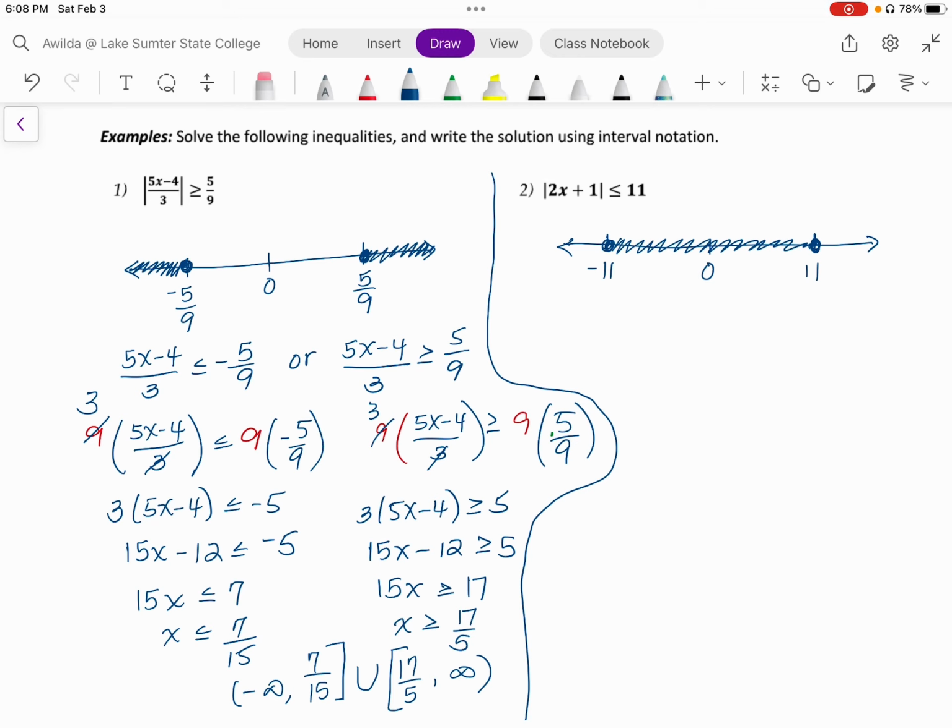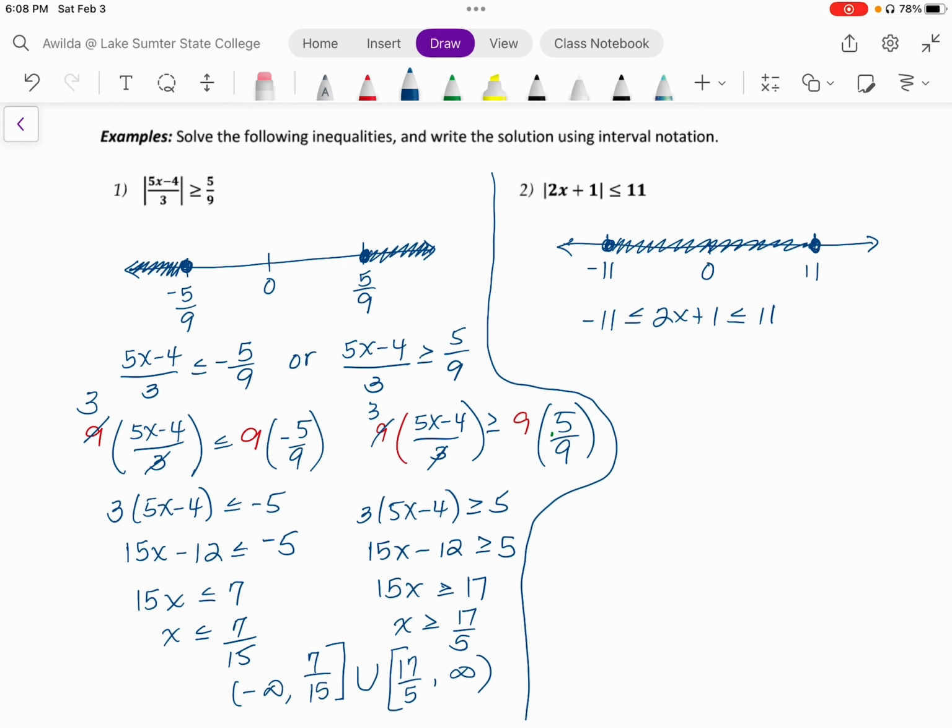So we can write this as a three-part inequality and say that the quantity 2x plus 1 is greater than or equal to negative 11 and less than or equal to positive 11. In other words, the quantity 2x plus 1 is somewhere between these two numbers or at one of the two numbers itself.